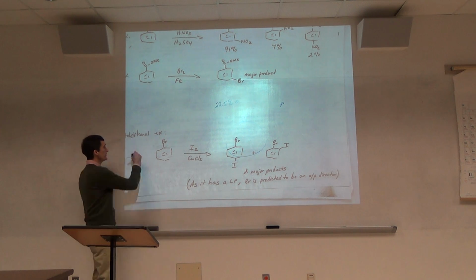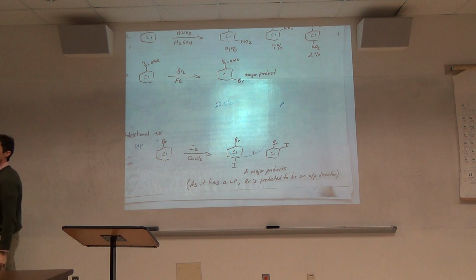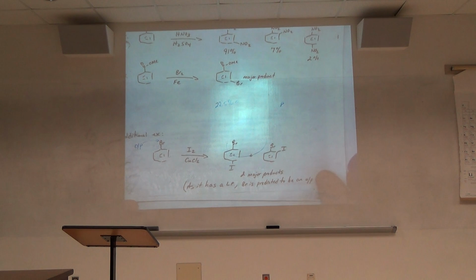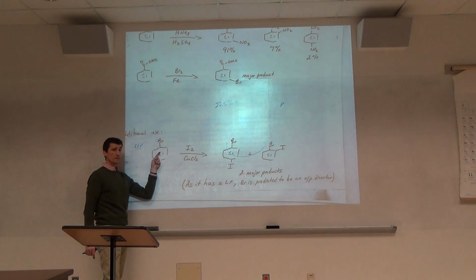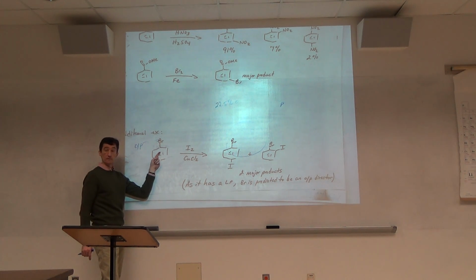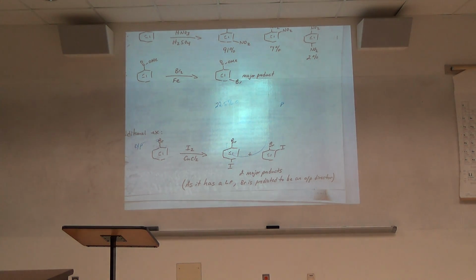This is the ortho-para director, right? It's 1 through 3, ortho-para director. In terms of reactivity, is this more reactive than benzene or less? Less reactive than benzene. So that's an activation effect versus a directing effect.